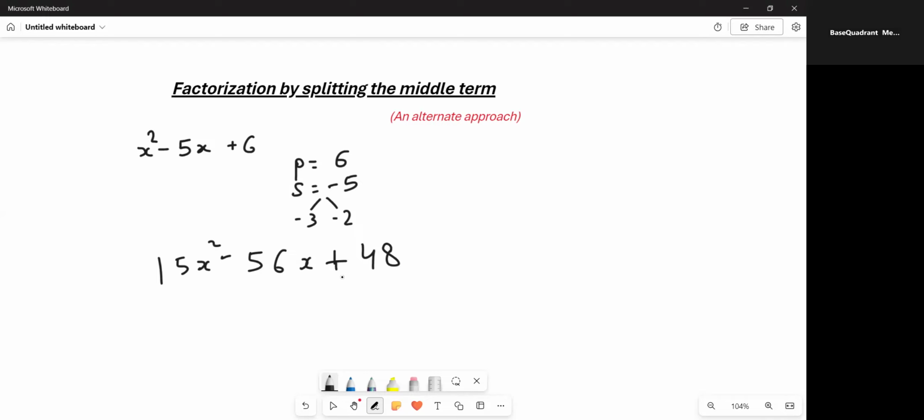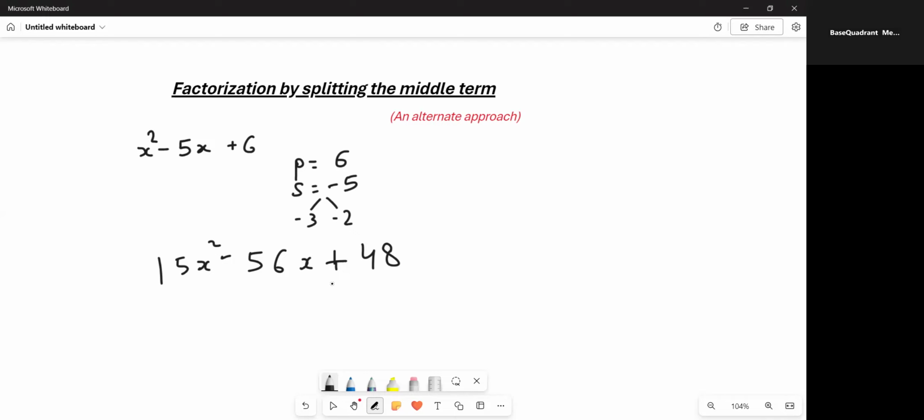For such big numbers, it's not easy to find the product and the sum and then from that find the numbers. I'm not saying it's impossible, but it's time consuming and you'll have to think it out. So we should think of an alternate method that is standard and definite. You don't have to think too much. You just follow the process and you get the numbers.